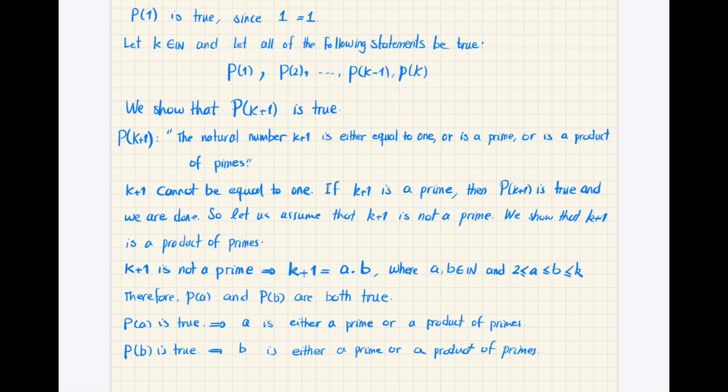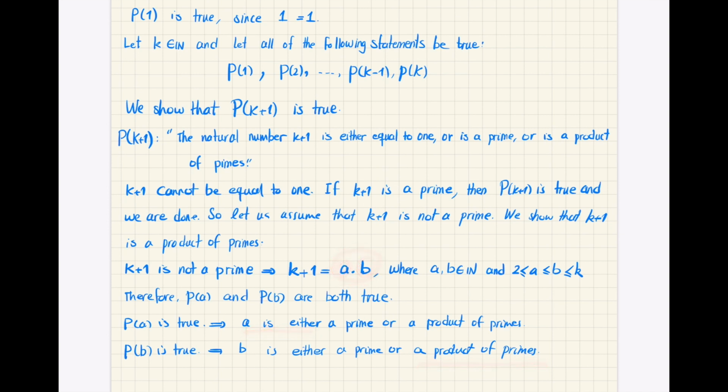Yes? So, but in all cases, I am done. Here, let us assume this scenario. A is a prime, B is a prime. So then k plus 1 is the product of two primes. So it's a product of primes. If A is a prime, but B is a product of primes, if you look at A times B, again I have a product of primes.